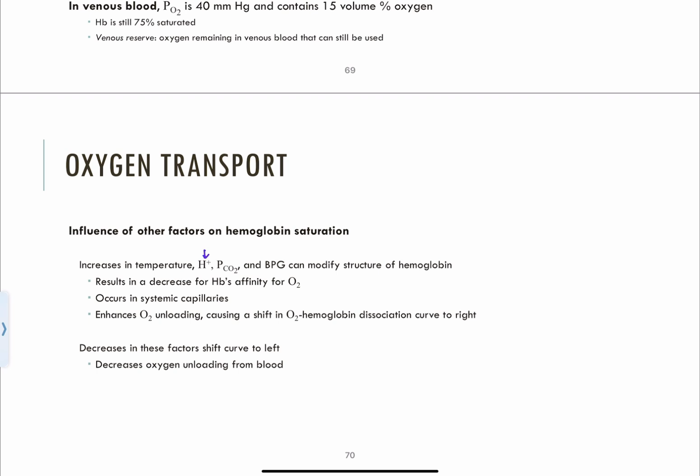So if we're talking about hemoglobin saturation, a high hydrogen ion concentration would mean that we have a low blood pH or high acidity.